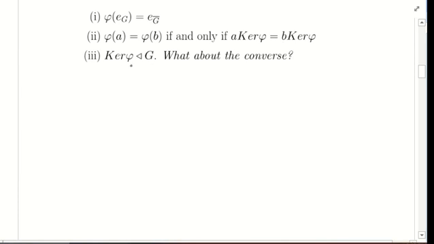And then, I've already said this before, it turns out that the kernel of a homomorphism is a normal subgroup. And it's if and only if, right? So if you want to find a normal subgroup, it has to be the kernel of some homomorphism. Okay, so this is like an if and only if.